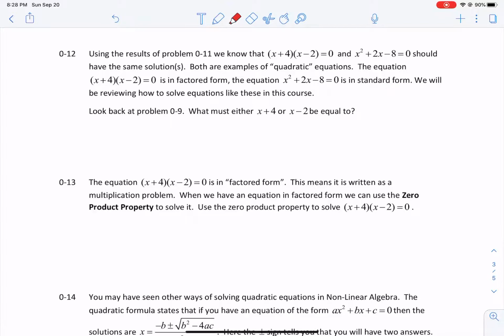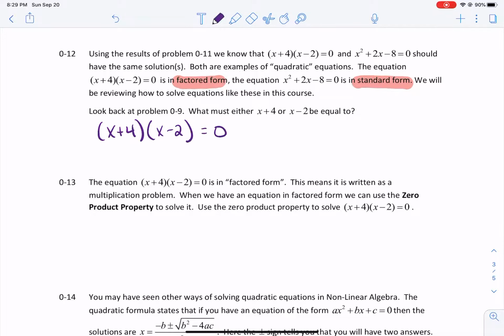All right, so I'm going to highlight that factored form and standard form. We will be reviewing how to solve equations like these in this course. So looking back at problem O-9, what must either x + 4 or x - 2 be equal to? Well, something we know even from looking up here is that (x + 4)(x - 2) is equal to 0.